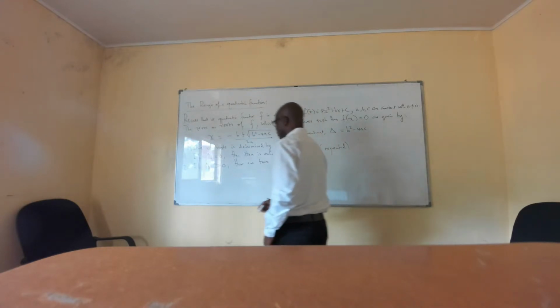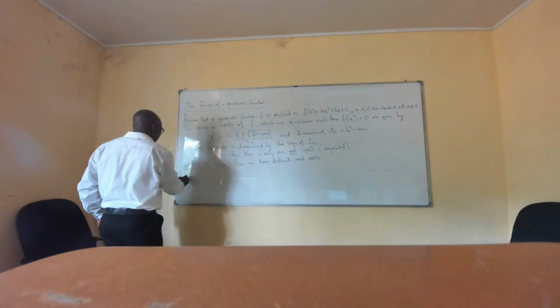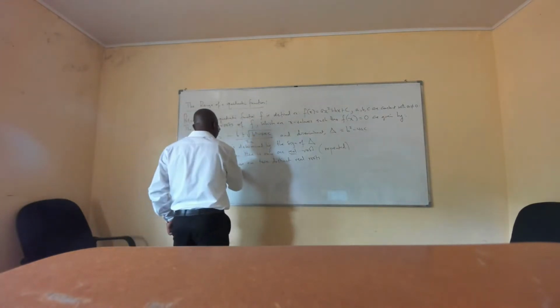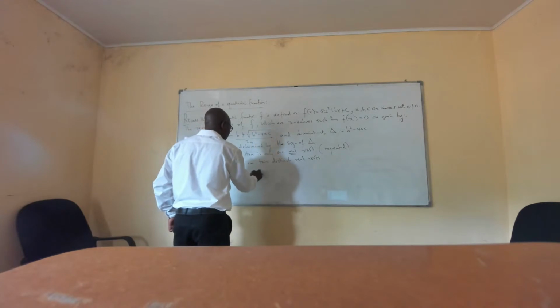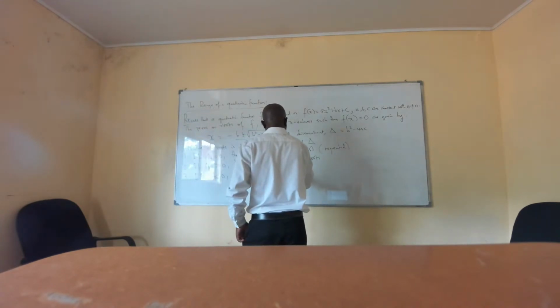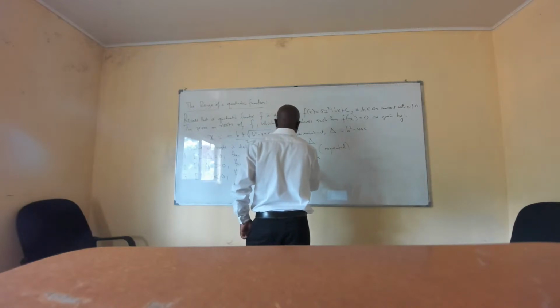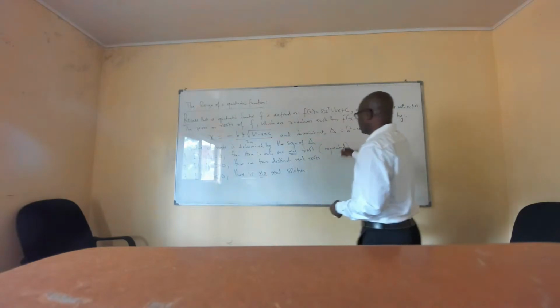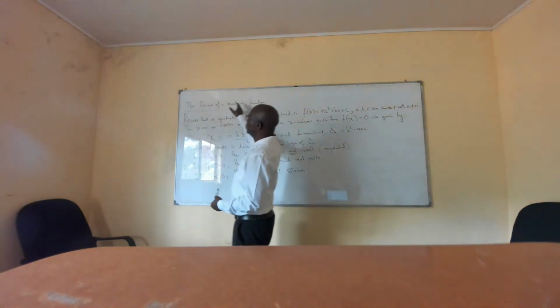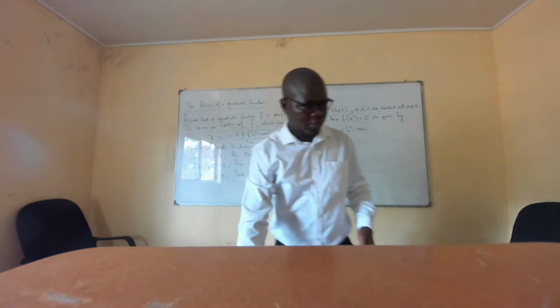Three, if delta is less than 0, there is no real solution. So we can use the discriminant to be able to determine the range of a quadratic function.